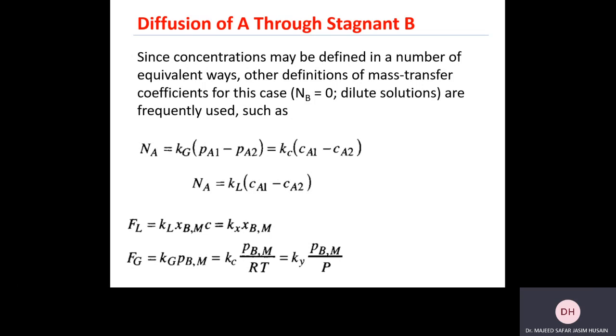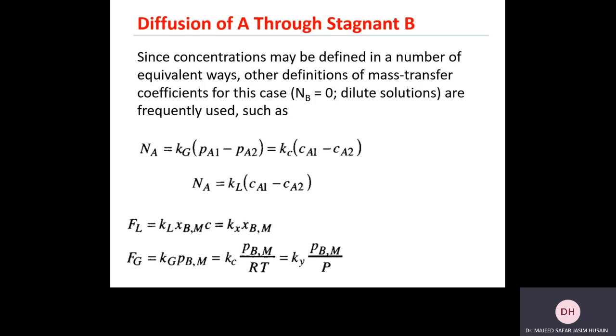Now you can see from this equation the relationship between kx and kL. So you can write down that kx is equal to kL multiplied by the total concentration.